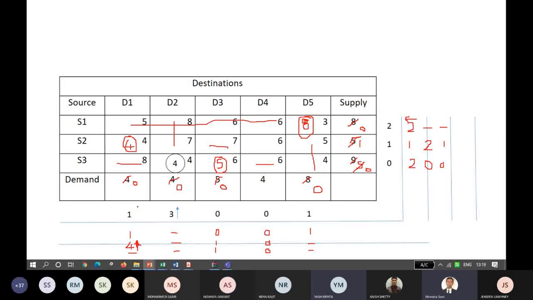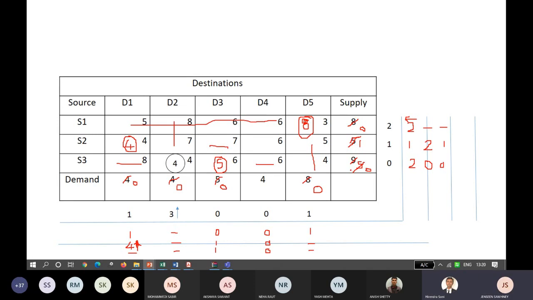So the first step that we should have done is to check the demand and supply and add a row or a column appropriately. So what will come here? What was your demand? 4, 4, 5, 4, 8. Correct? So 4 plus 4 is 8. 8 plus 5, 13. 13 plus 4, 17. 17 plus 8, 25. And supply was 8 plus 5 plus 9.